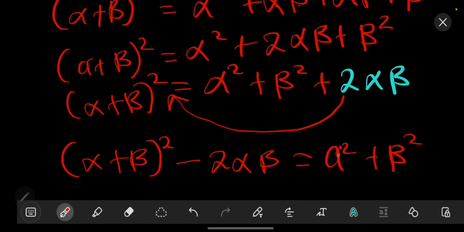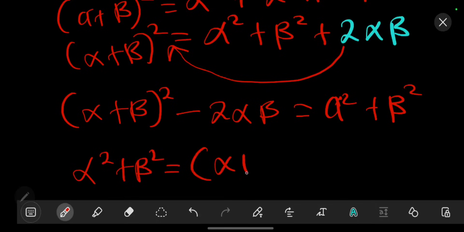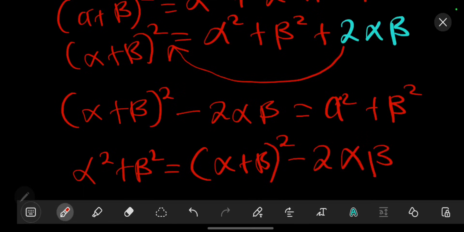So this is the first identity: alpha squared plus beta squared should be equal to alpha plus beta squared minus 2 alpha beta. So this is how we derive this identity.